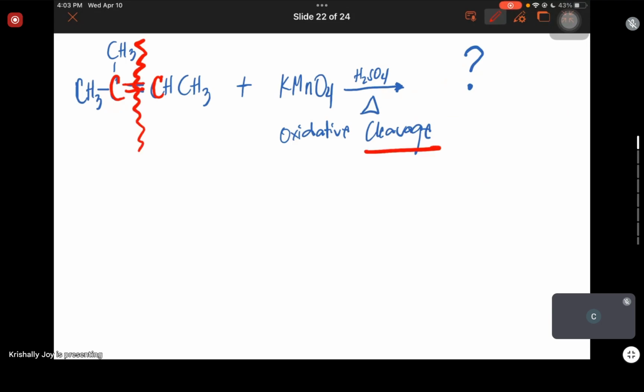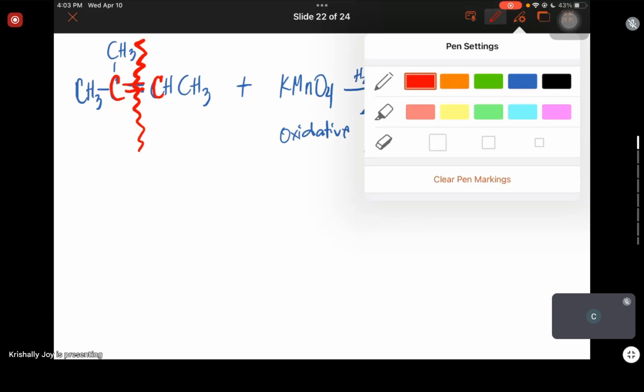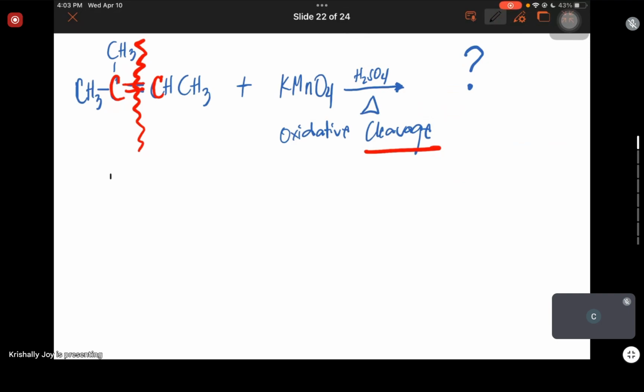So hatiin niyo siya, then tingnan niyo yung nature ng dalawang cleaved portion. I-draw niyo siya. So ito yung unang cleaved portion. Ito yung una ha, cleaved portion. So you have CH3. The other cleaved portion is, baliktarin natin, CH, ito yung other cleaved portion, CH, then CH3.